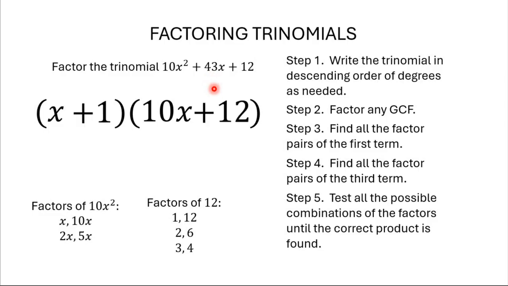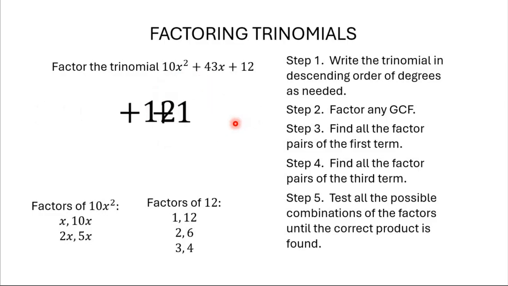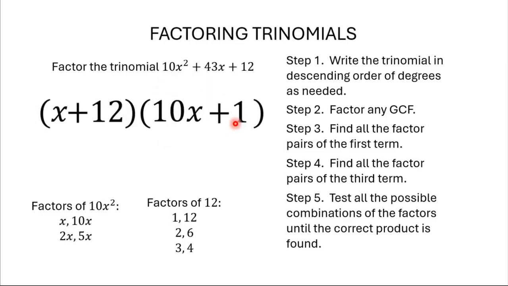But of course, with the 1 and the 12, the GCF of this binomial is not 1, it's 2. So I don't have to try that combination. So let's switch them around and see if that works. So I'll switch the 1 and the 12 around. And let me see. Now let's try it out.